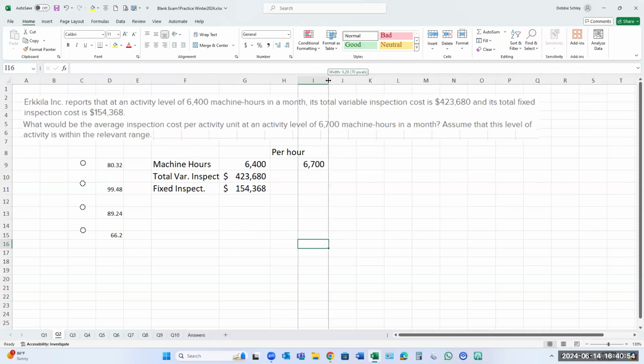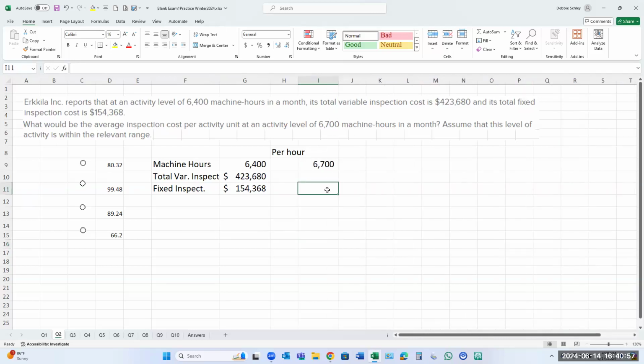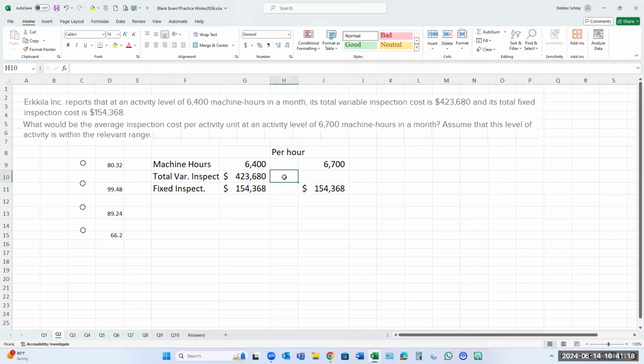So at any activity level, my fixed total is going to be the same, because that's how fixed costs work. But variable totals change when the number of hours or the number of units change. So to figure out what the per hour variable cost is, we need to divide the total by the number of machine hours that they use to get that total.